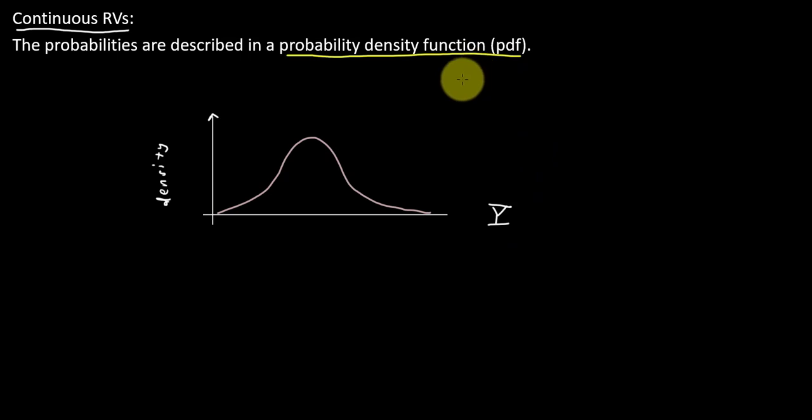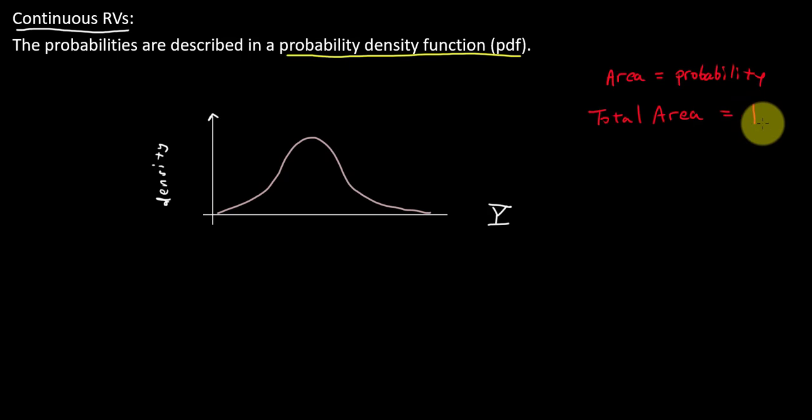We mentioned that we are using area to determine probability, which is why that vertical axis is now density. Therefore, the total area under that curve must be 1.